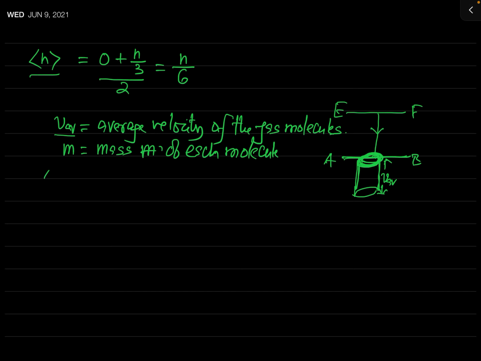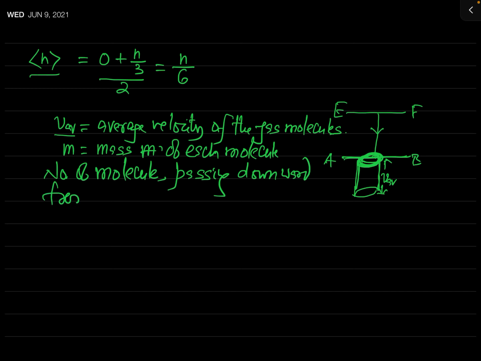So the number of molecules passing downward from EF to CD per unit area of the layer AB per second, or in 1 second. I am again repeating, this unit area has been taken for the simplicity of calculation.